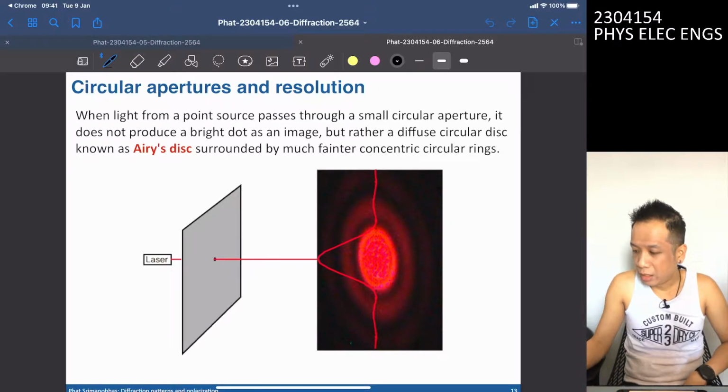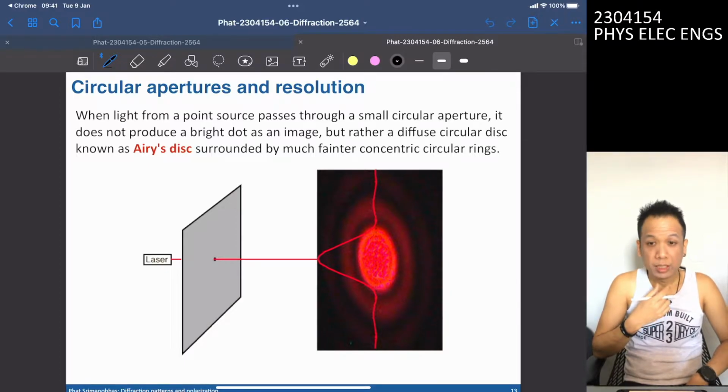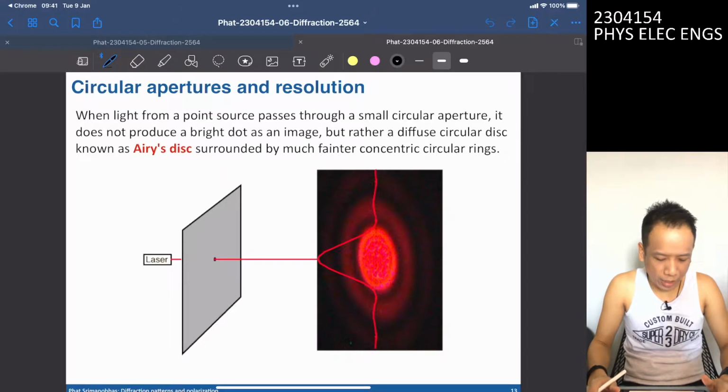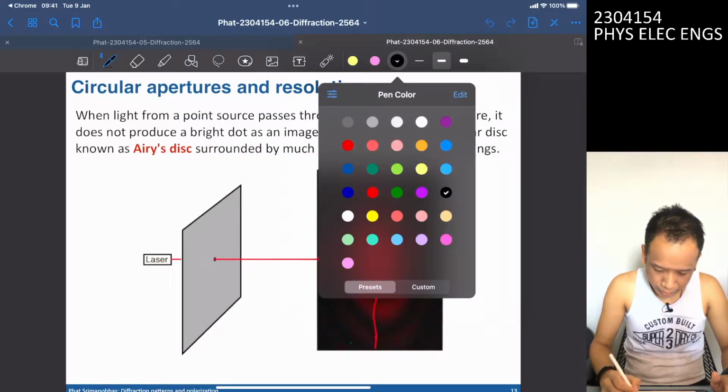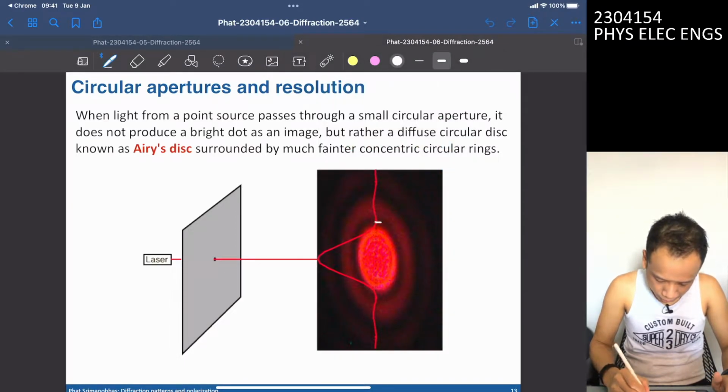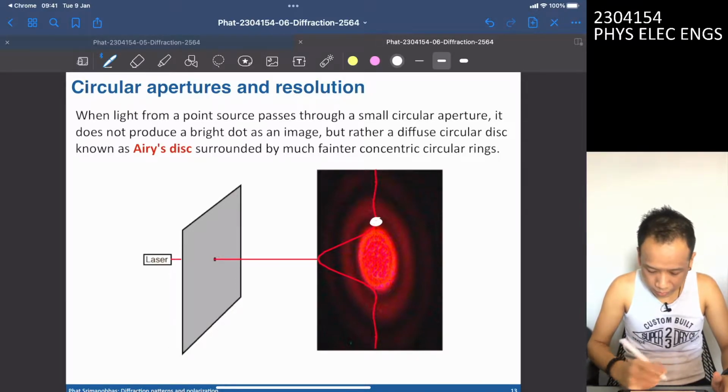The difference is that for the circular aperture, you're going to see it in the form of a disc. We call it the iris.